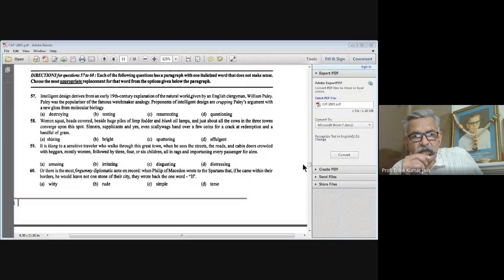They wrote back the one word, if. Now the blank, diplomatic, instead of that, what will come?